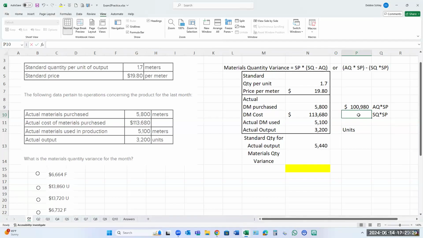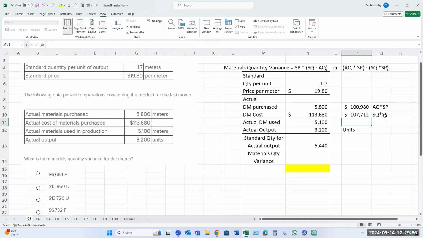So to get standard quantity, we have to do the actual output times the standard quantity per unit. I forgot to put that in parentheses. So there's my SQ. And then I multiply it by the standard price per meter.